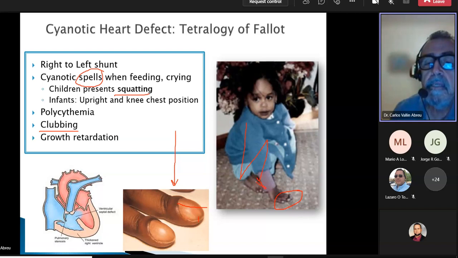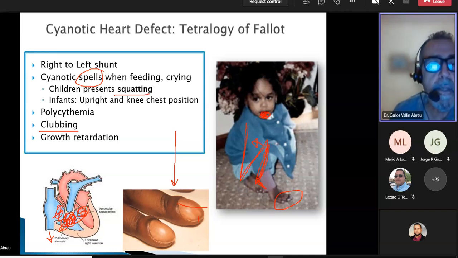It is squatting. So the legs are flexed, and what you are doing here, you are pushing the legs against the abdomen, and then you are reducing the return of blue blood to the right heart. So less blue blood is passing from the right to the left. So less blue blood is reaching the lips, and the cyanosis improves.